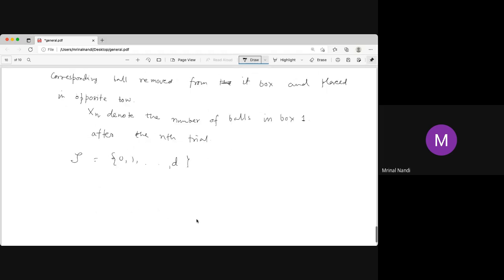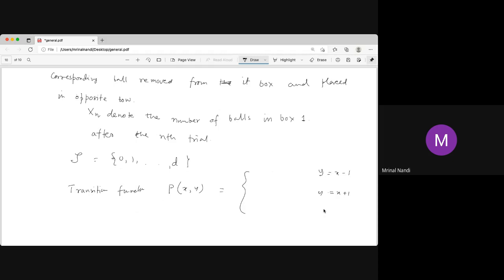And what is the transition function then? You can easily check the transition function, p from x to y. Now, y can be x minus 1, yes. y can be x plus 1, yes.